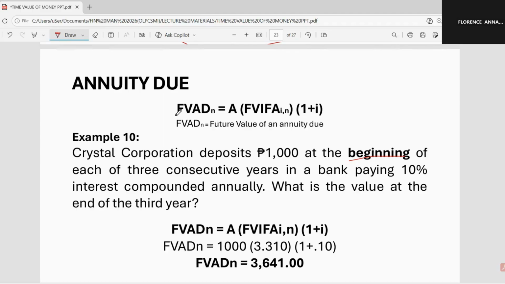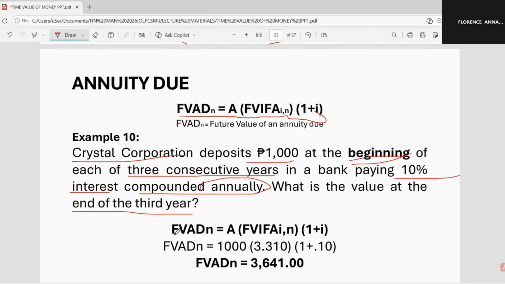So, that is your FVAD is equal to your annuity payments times your FVFA times 1 plus interest. So, for example, you have here Crystal Corporation deposits 1,000 pesos at the beginning of each 3 consecutive years in a bank paying 10% interest compounded annually. What is the value at the end of the third year?